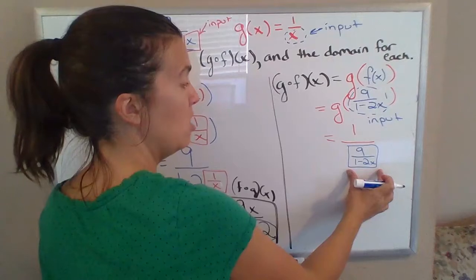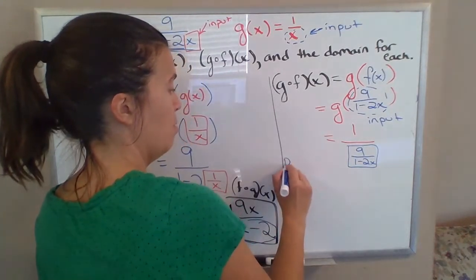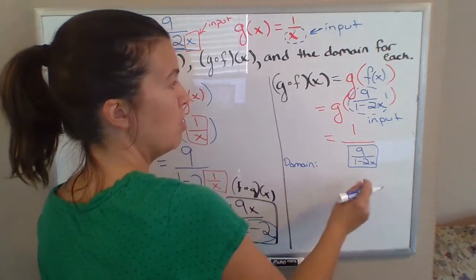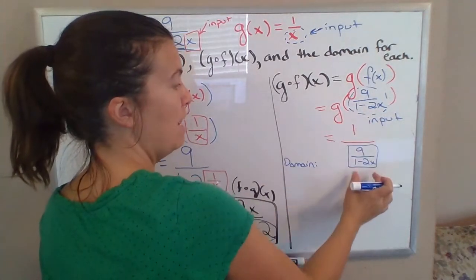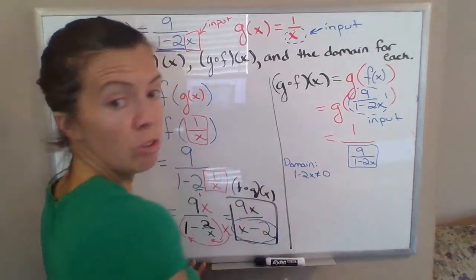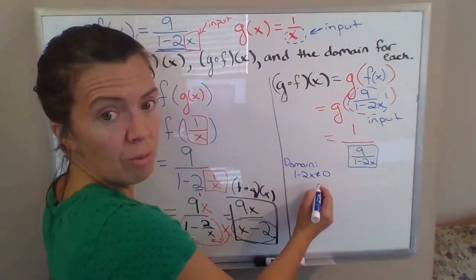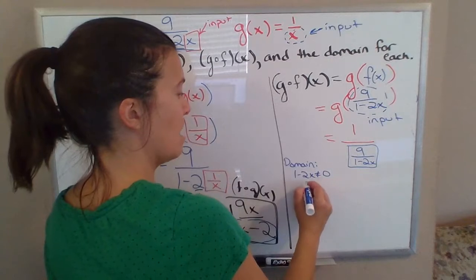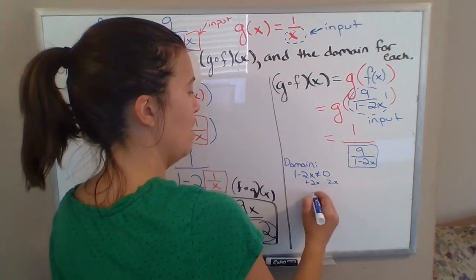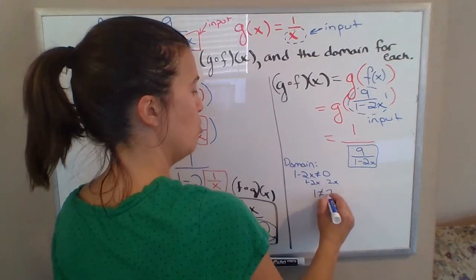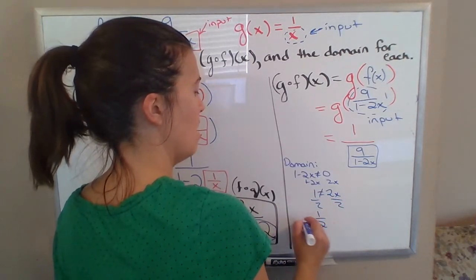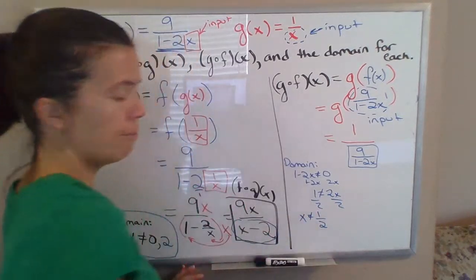We could make a note here before we go any further that we're going to have an issue with the domain if 1 minus 2x is equal to 0. 1 minus 2x cannot equal 0. So if I'm solving that, let's say we add 2x to both sides. We'll have 1 does not equal 2x. Divide both sides by 2, so x cannot equal 1/2.